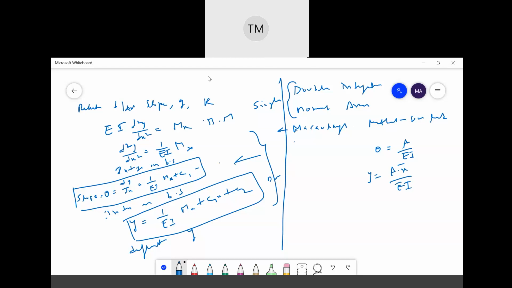This is the moment area method. Area is nothing but the area of the bending moment diagram.